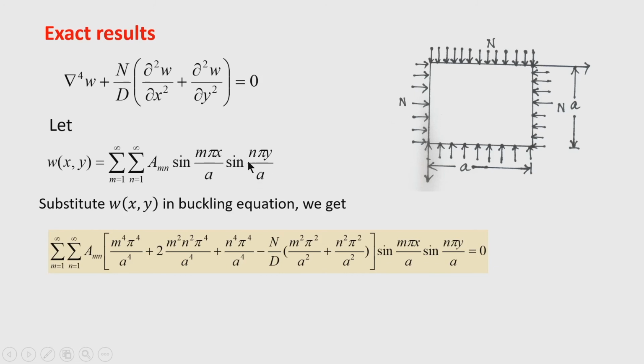So, a is equal to b in this plate, and therefore the double summation now appears as A m n sin m pi x by a sin n pi y by a, but m and n are two different wave numbers: m represents the half wave number in the x direction, n represents the half wave number in the y direction.